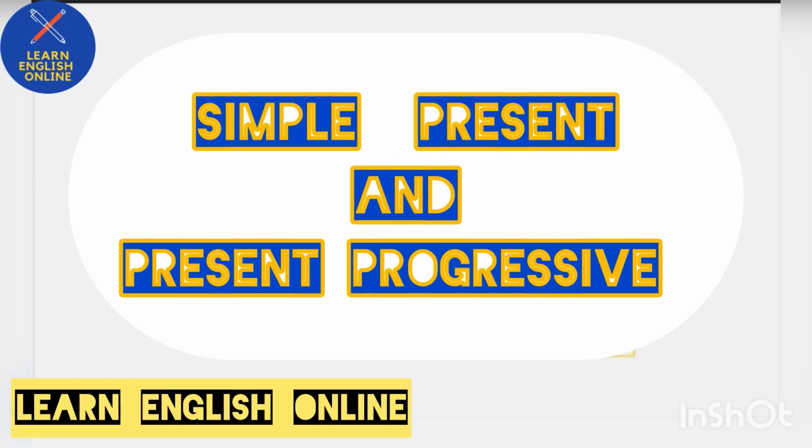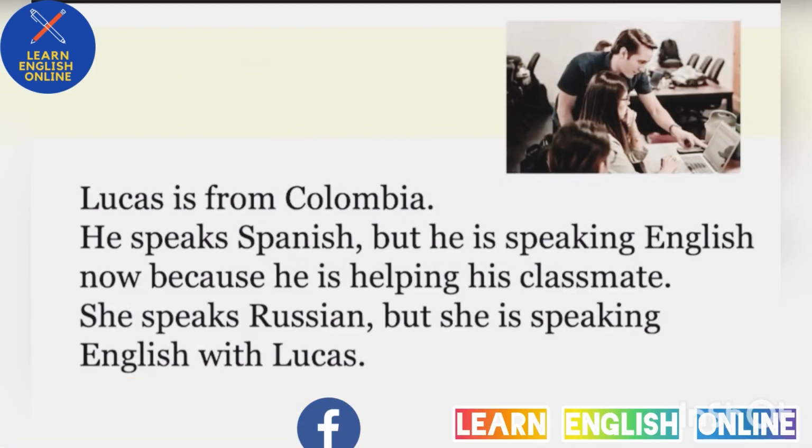Simple present and present progressive. In this lesson, we are going to look at the differences between these two. Lucas is from Colombia. He speaks Spanish, but he is speaking English now because he is helping his classmate. She speaks Russian, but she is speaking English with Lucas.